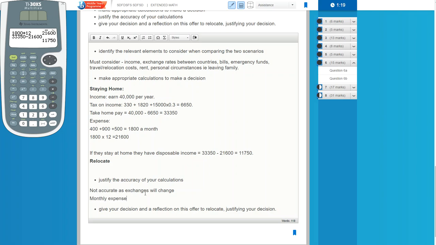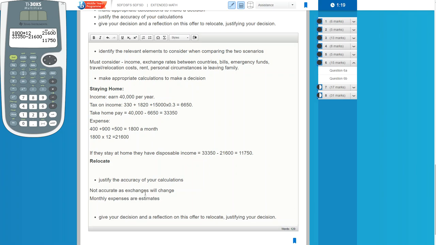I'll give you one. Monthly expenses are estimates. With the economy, rent prices go up and down. Rent prices may go up.